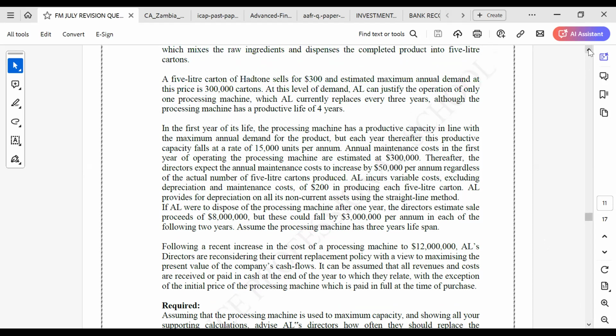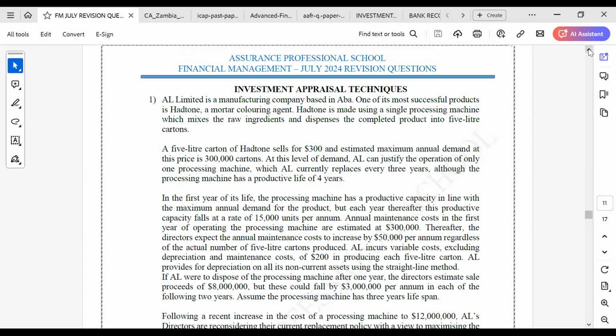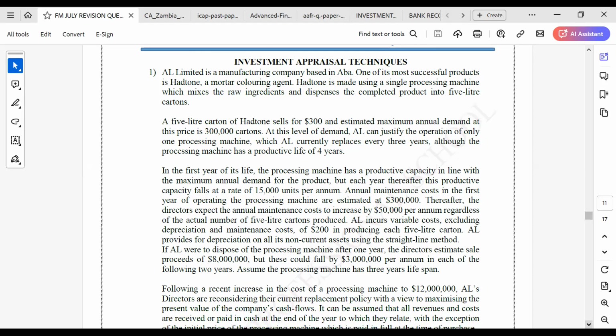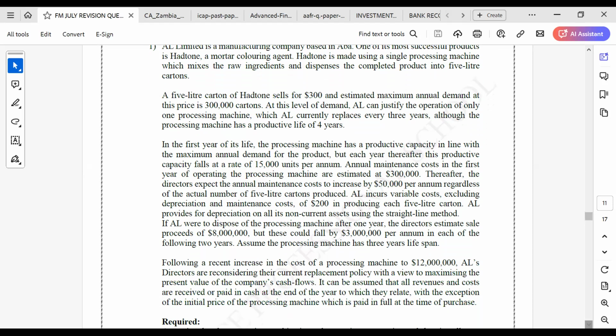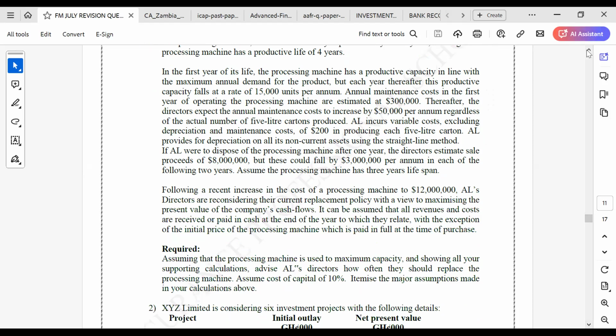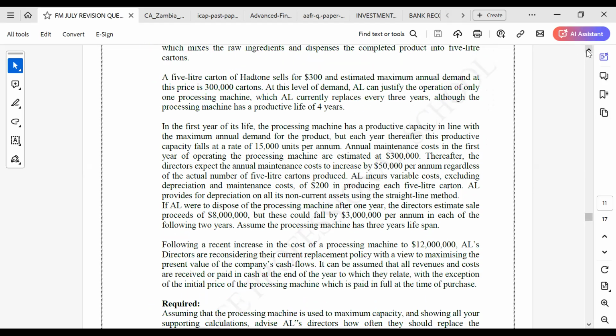Okay. So this question is about asset replacement decisions, which is very simple if you come to this one. We always use the annual equivalent method.